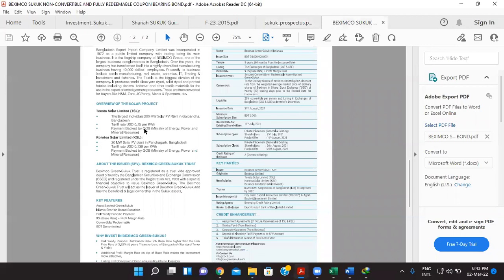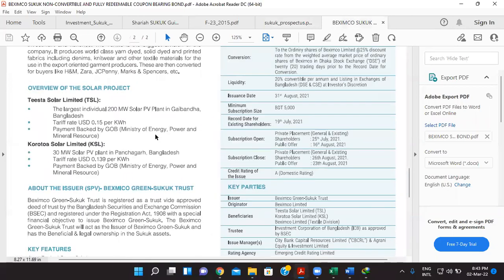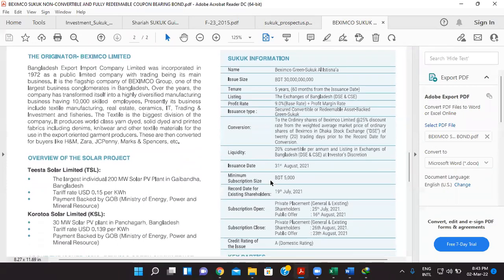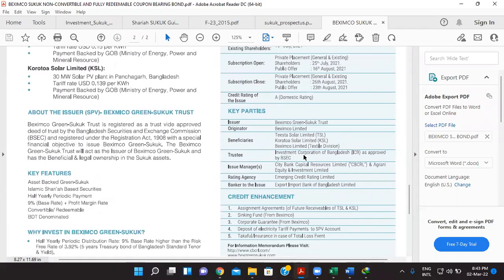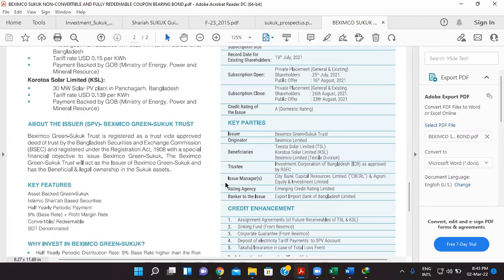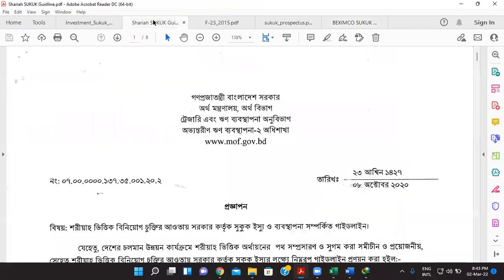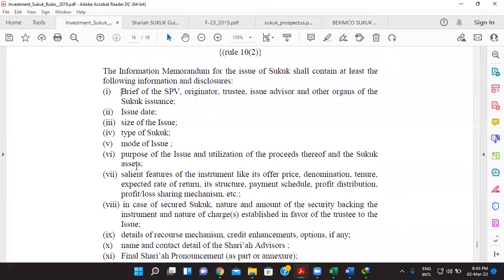Okay. So you see, they have talked about the issuer, they have mentioned the originator, the beneficiaries, trustee, issue managers, but in the main document, you'll see the details. Okay, that has been said here. Issue date, size of the issue, type of sukuk.